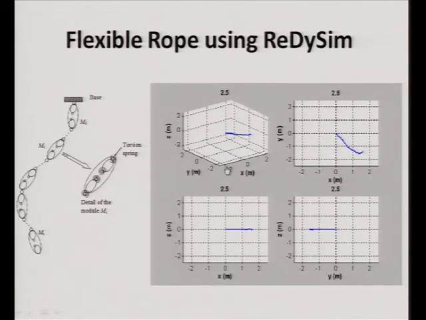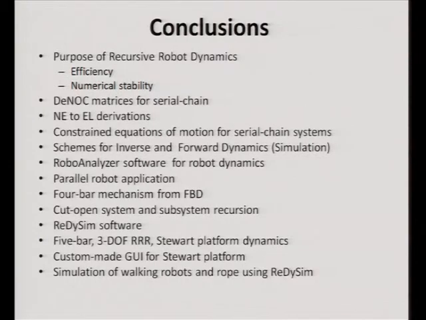It took 17 days to run this thing, and for such systems, as the number of links increases to make it more and more realistic, the numerical issues become more predominant, and you require a very stable algorithm to do these things. Okay. So, with this I conclude all my 4 lectures here.